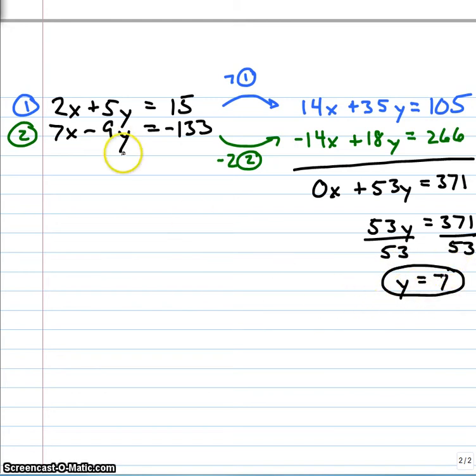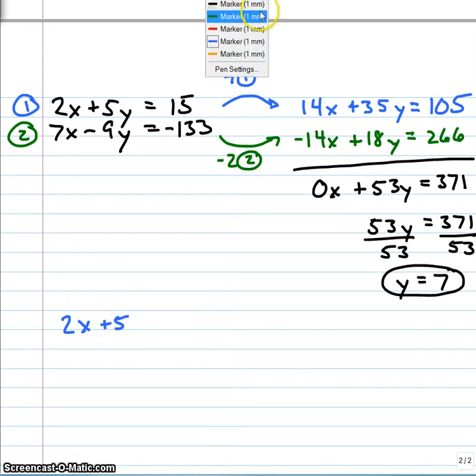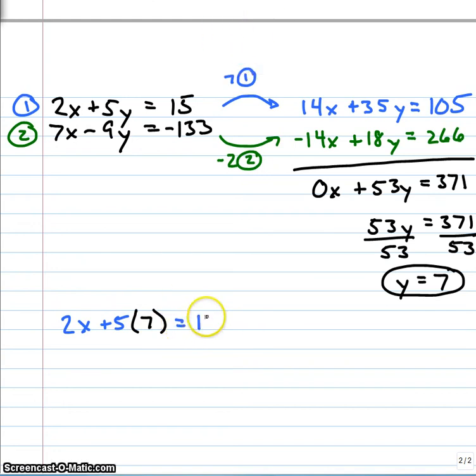I can substitute that back into either equation. Again, I'm going to just stick with my first equation. I could use that second equation, that would be fine. And I would get 2 times x plus 5 times 7 instead of y, and that's going to give me 15.